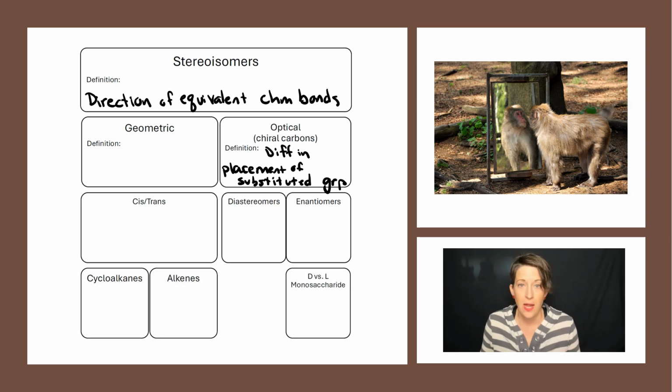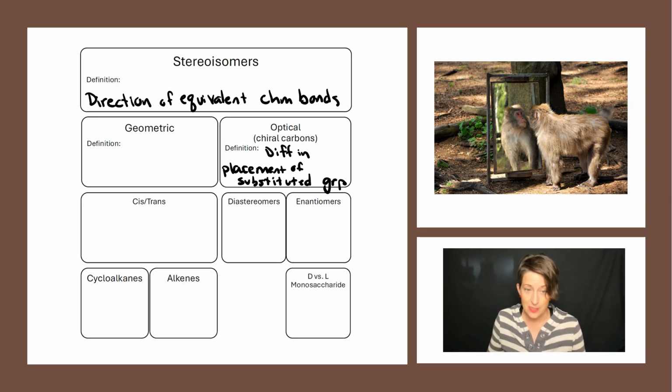Now that we know how to identify if a carbon is chiral or achiral, we can start to differentiate between enantiomers and diastereomers. Here, we're going to be looking at enantiomers first.